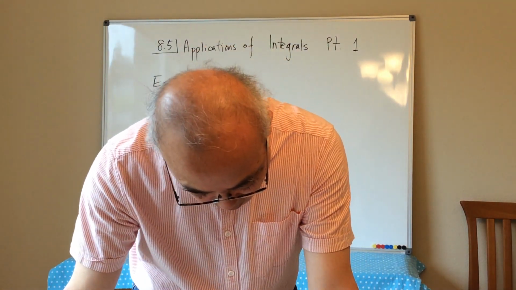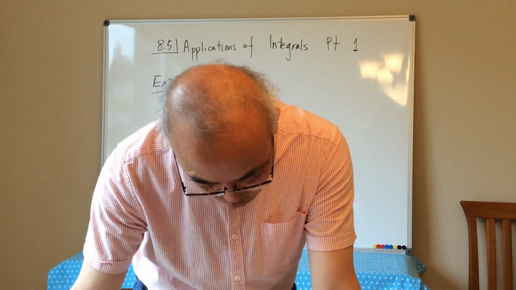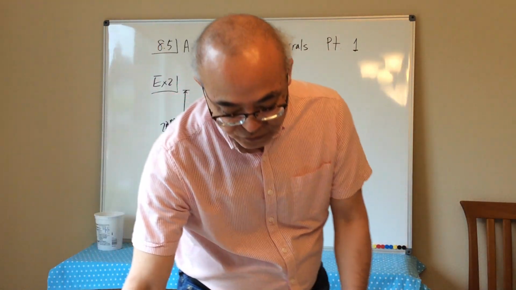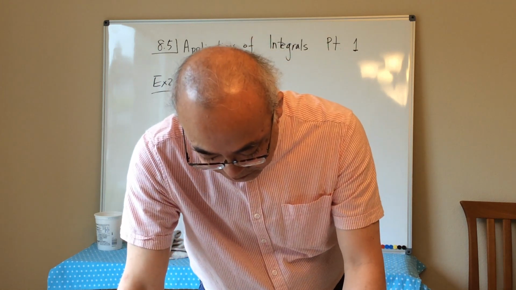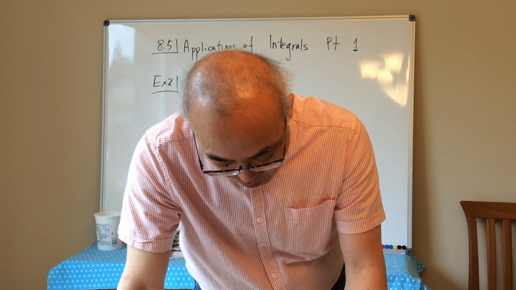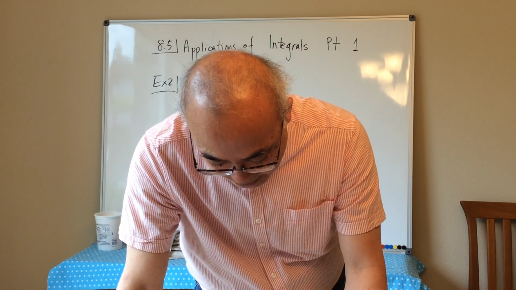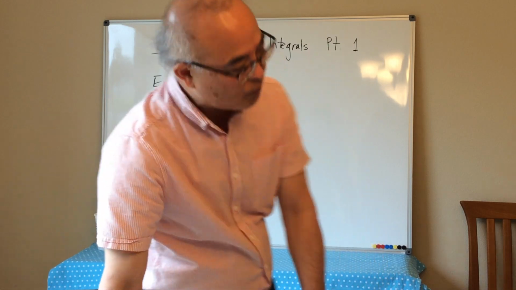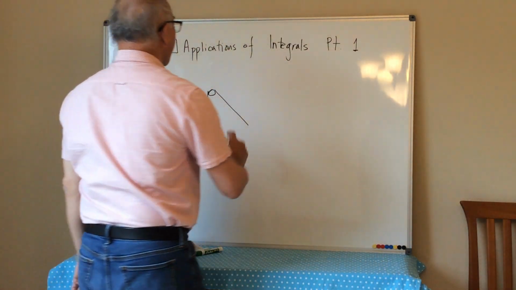So it's a leaky bucket that weighs 22 newtons empty. The bucket itself is 22 newtons, and it is lifted from the ground at a constant rate to a point 20 meters above the ground by a rope weighing 0.4 newtons per meter.